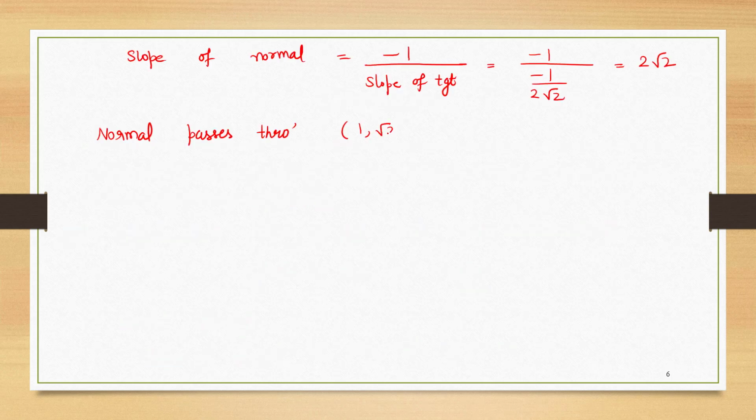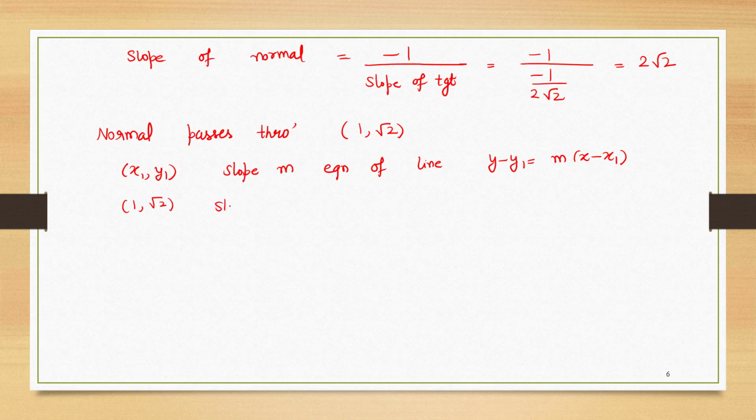So now we can use the point slope form of equation of line. That is, if a line passes through a point x1, y1 and has slope m, then equation of line is y minus y1 is equal to m times x minus x1. So here we have 1, root 2, slope is 2 square root 2.